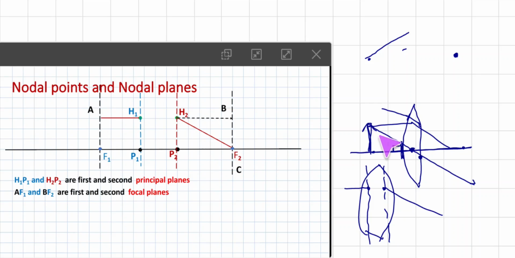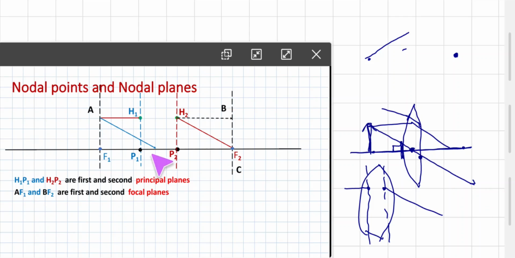Similarly, let us consider this ray which is passing through the optical center. Suppose that ray is deviating in this direction. Now remember that this ray does not refract, it goes straight.